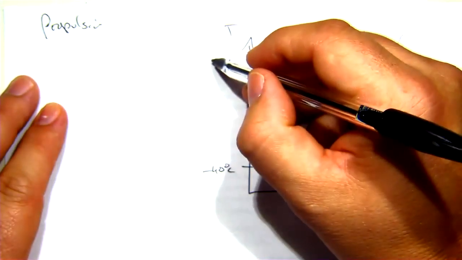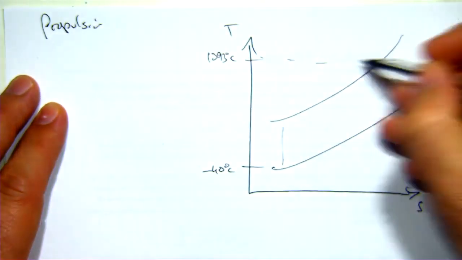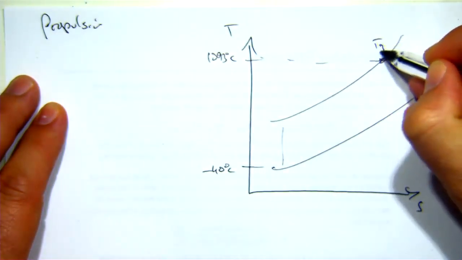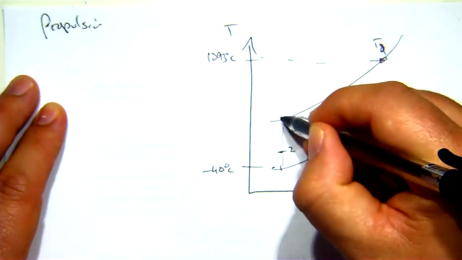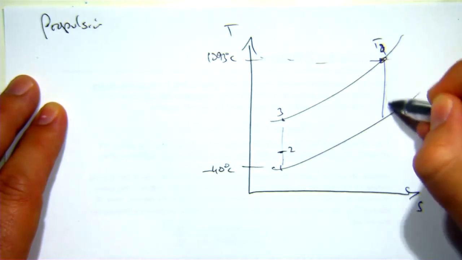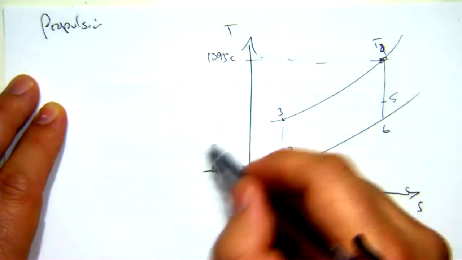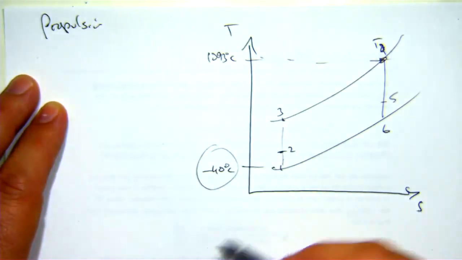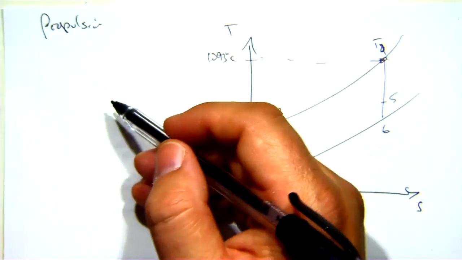I've got Tmax, Tmin, 1093 degrees C for the Tmax, T4 now. I've got a diffuser, so 1, 2, 3, 4, 5, 6. It starts up in the sky, minus 40. Maximum combustion temperature, 1093 degrees Celsius.